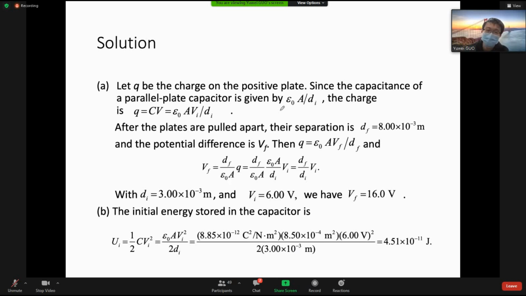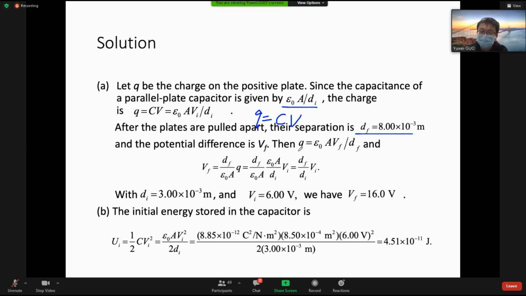For the first one, the definition for the capacitor can be expressed here. So the charge Q equals C times V. And the distance of the plates, d_F, has been given. So when the plates are pulled apart, the charge didn't change.